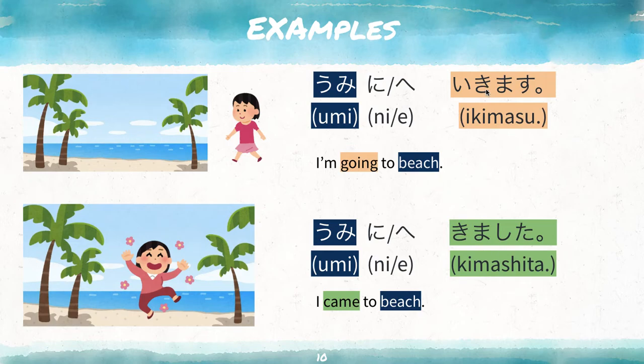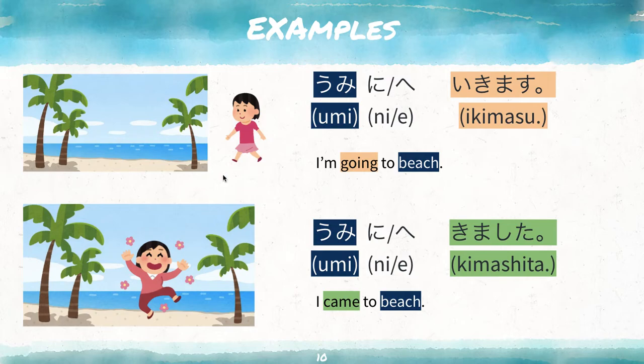As you can see from this difference, there's a past tense of 行きます, which is 行きました, but that is often used the next day. If you went to the beach yesterday, you would say 昨日海に行きました.